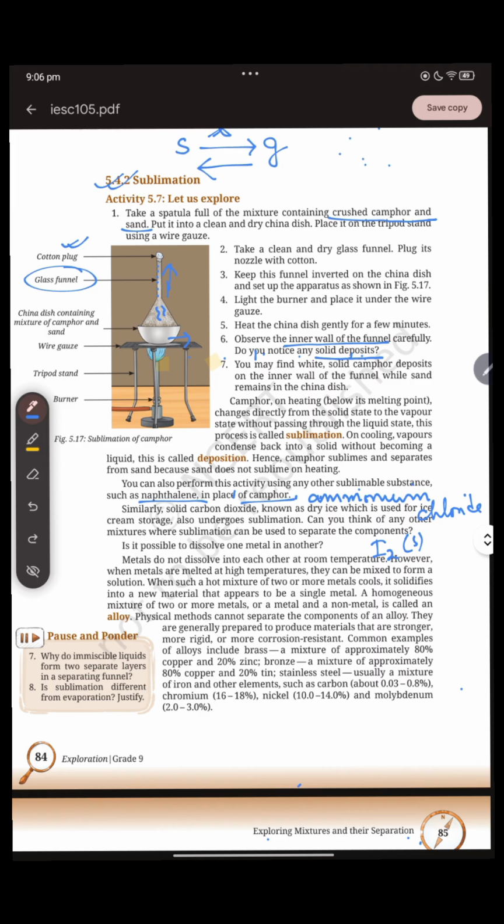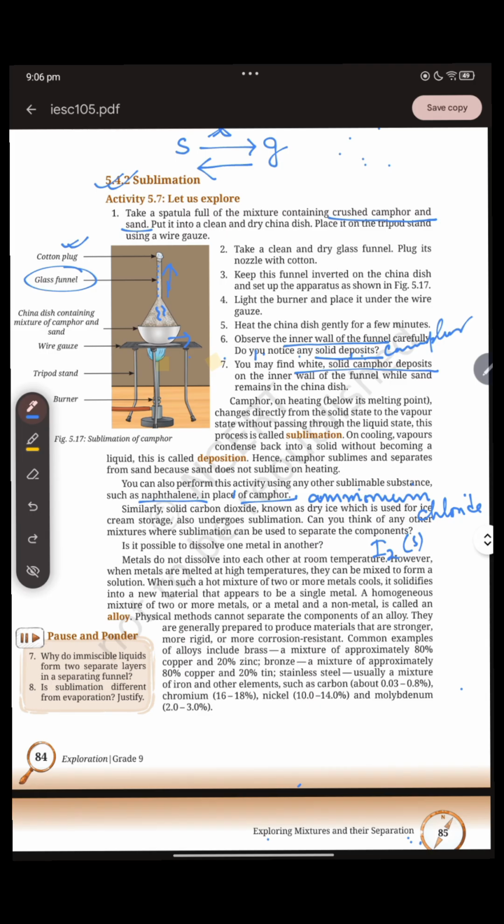If you have taken camphor and sand, then you will see solid deposits of camphor on the upper part of the funnel. Now you may find white solid camphor deposit. Why? Because when the vapors of camphor went up, they cooled down and got converted to the solid phase.